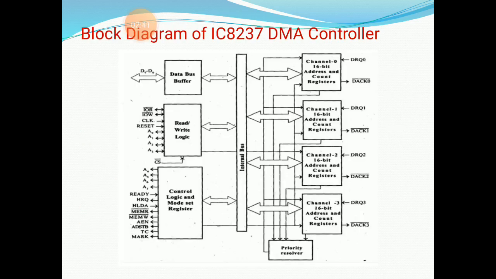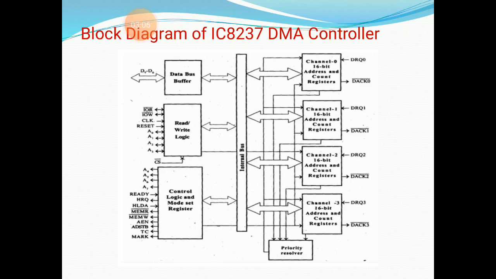This is the block diagram of the IC8237 DMA controller. This block diagram consists of various blocks: channel 0, channel 1, channel 2, channel 3, priority resolver, data bus buffer, read write logic, control logic and mode set register.